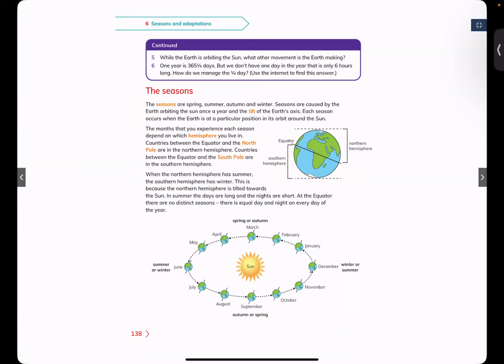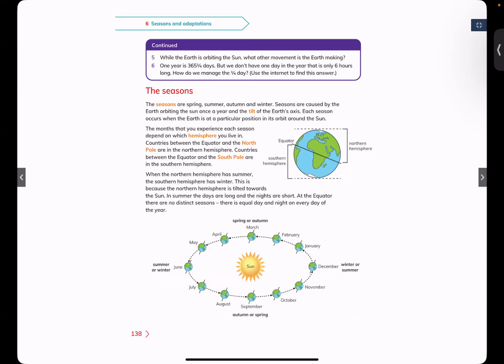This tells us how we have winter in a particular hemisphere and summer in the other, and vice versa. Also, I want to bring to your notice why days are longer in summer and nights are shorter, and vice versa. All the explanations I'm going to give you in some time.